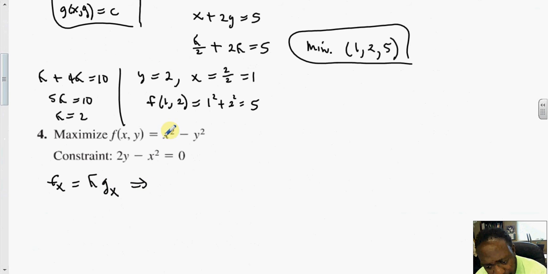So this implies that we have 2x is equal to minus 2x times lambda, so this is minus 2 times lambda x. Now what you get from that is, dividing both sides by 2x, lambda is equal to -1.